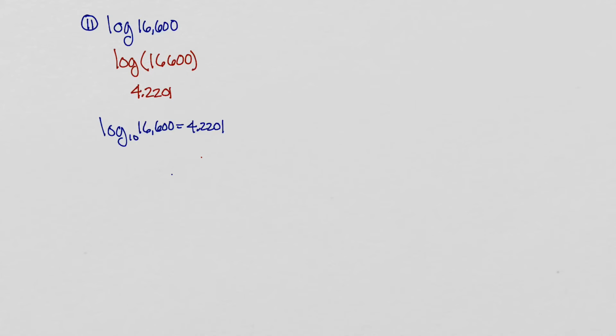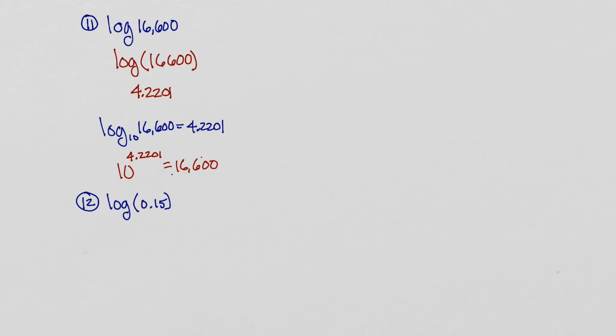And here's what it would mean. Here's the logarithmic form. If we convert this back to exponential form, where the logarithm is the exponent, that exponent on 10 would give us that number right here. That is 10 to the 4.2201. That's going to give us 16,600, or almost, because this is rounded off.